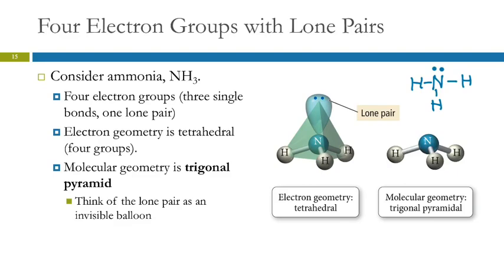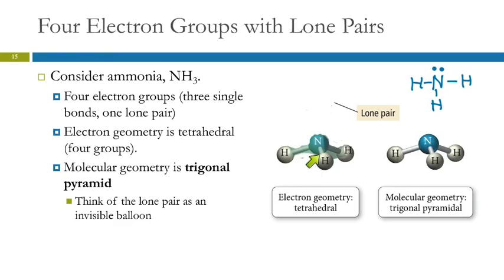So if that lone pair is invisible, I can make it invisible. It goes away. We're just looking at what's left. And what's left is something that's triangular, but it's not flat, right?